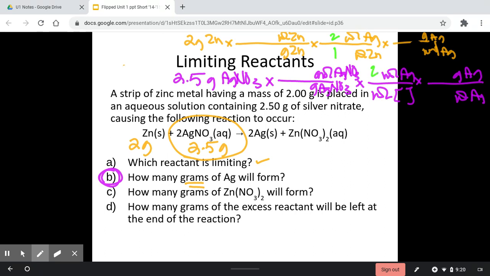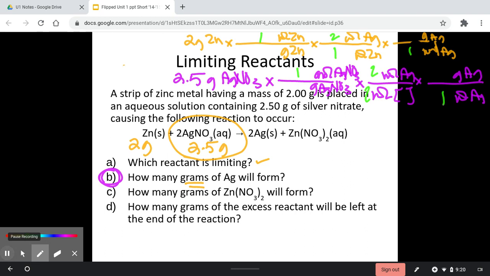So let's see here, 2 moles of silver to 1 mole of zinc, 2 moles of silver to 2 moles of AgNO3. I know moles and moles, those are all going to be 1.